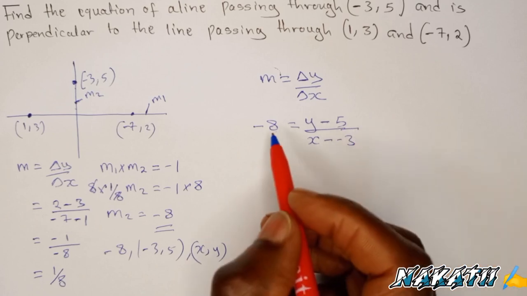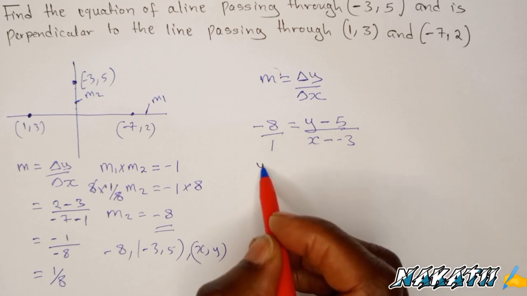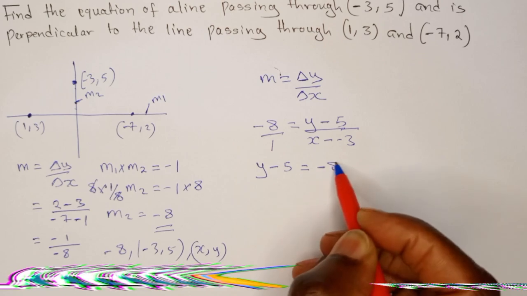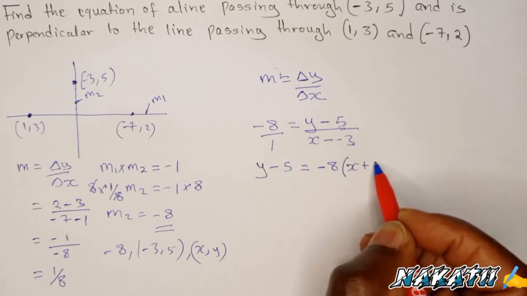So this can be over 1. If you cross multiply, you're going to have y minus 5 is equal to negative 8 into x plus 3.